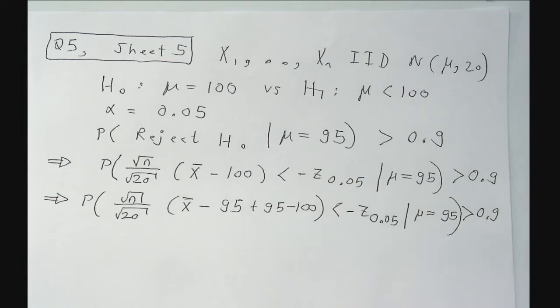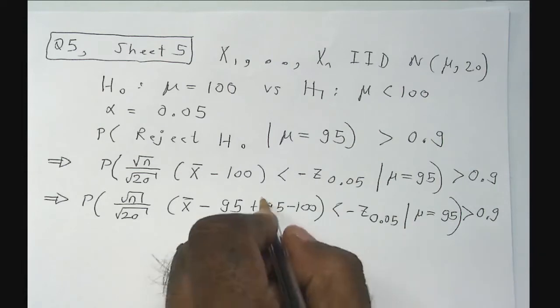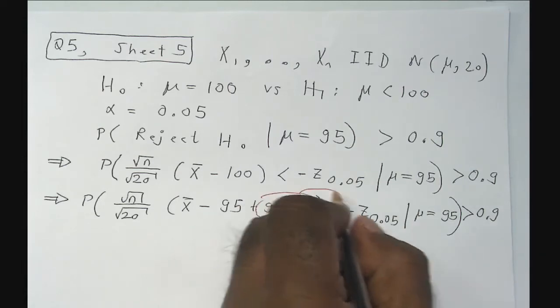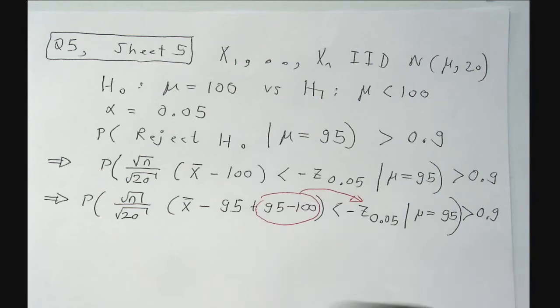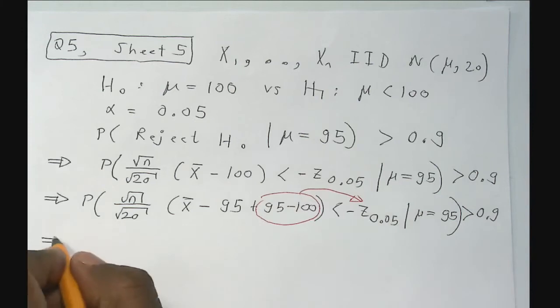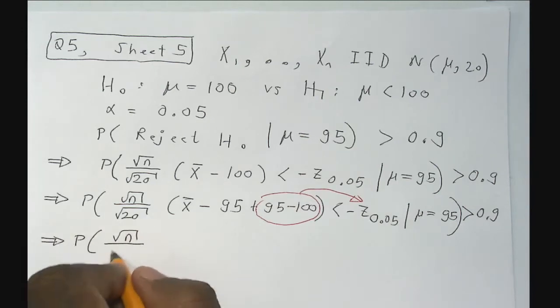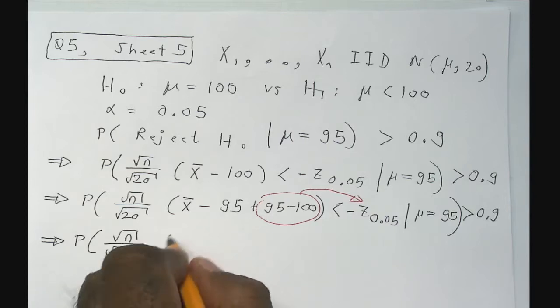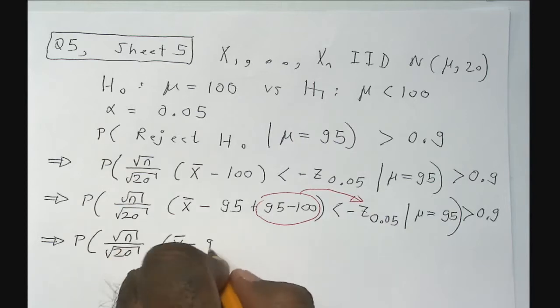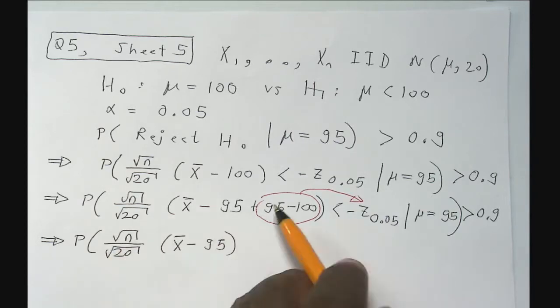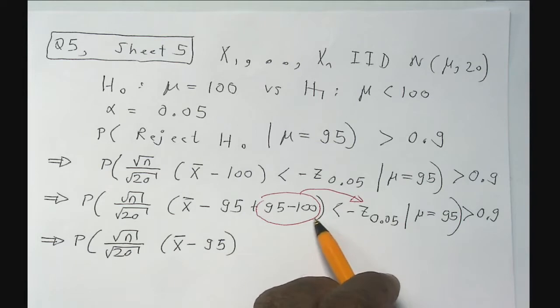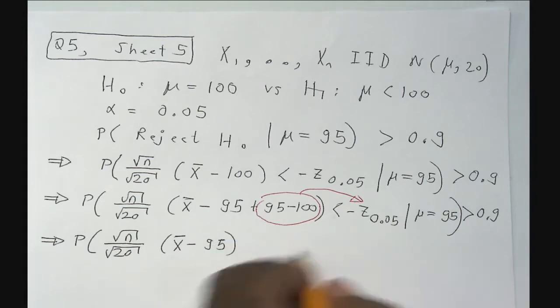Alright, the next thing, I'm going to group these two and take them to the right hand side. It's the same as before. You must be kind of bored by now. 95 minus 100 is minus 5. So if you take minus 5 to the right hand side, it will become a plus 5.